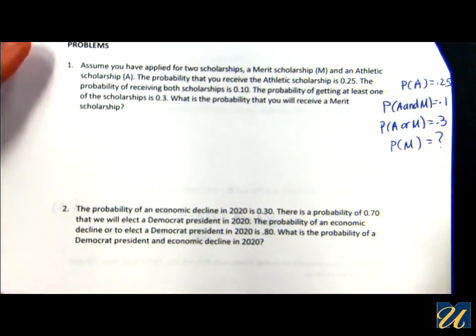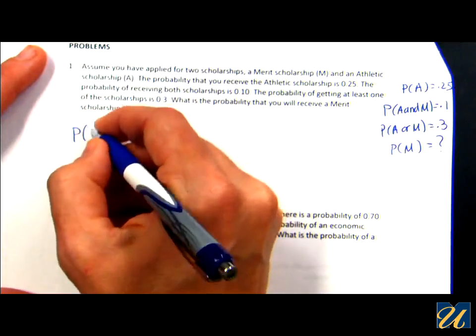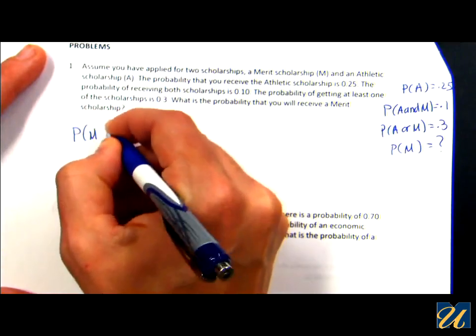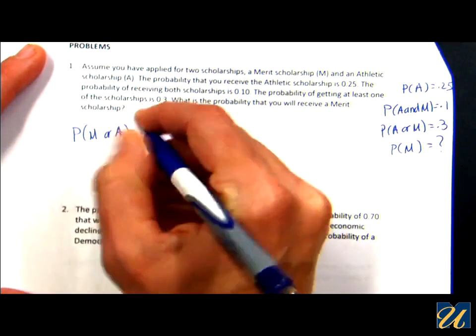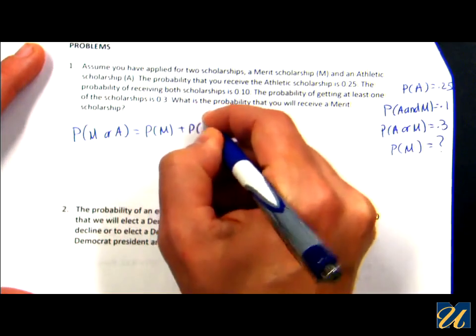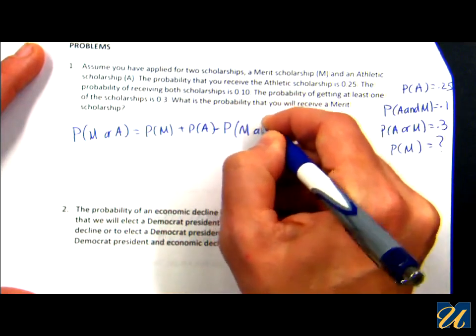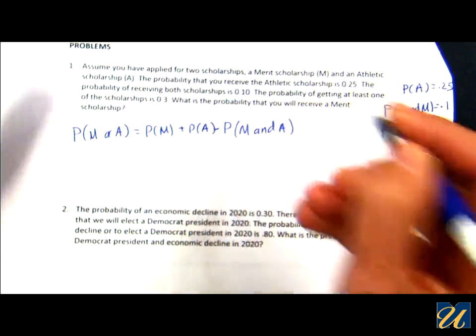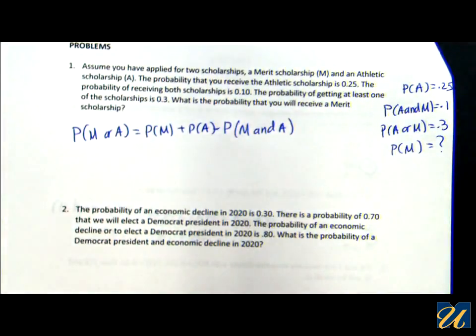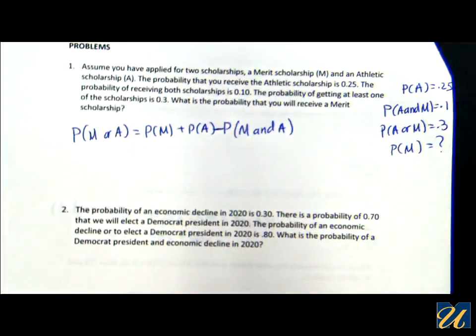This is what we have. We will go to our formula when we're looking for probability of M or A, where this will be equal to the probability of M plus the probability of A minus the probability of M and A. We have 3 out of the 4 probabilities in our formula.